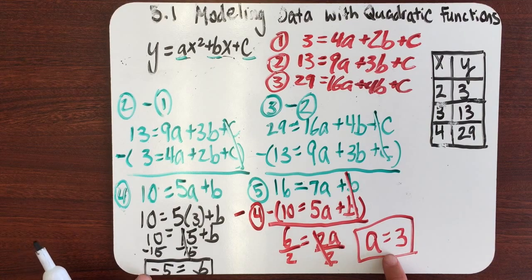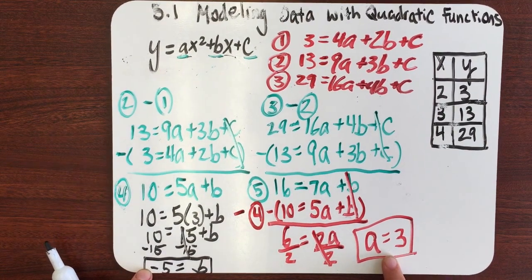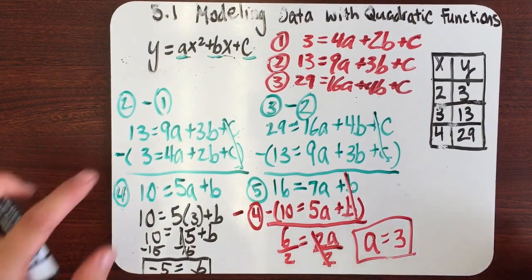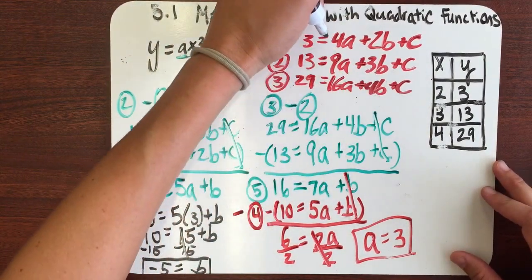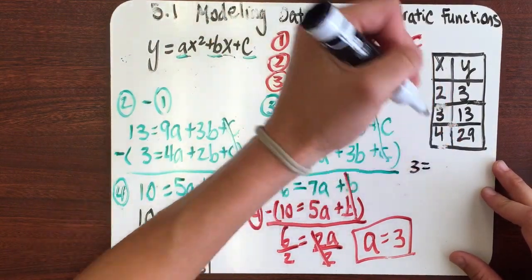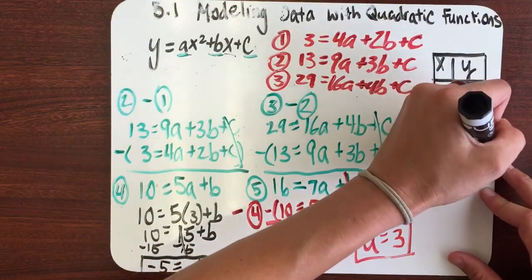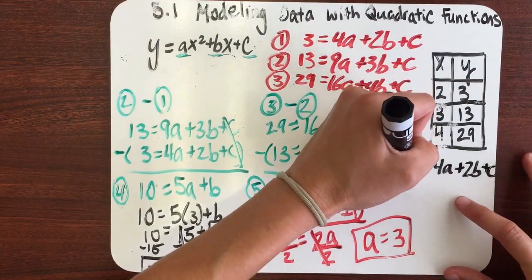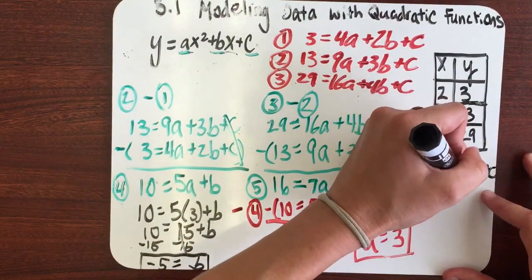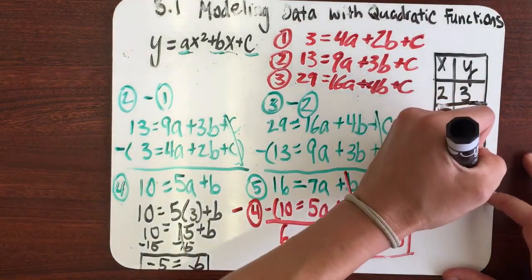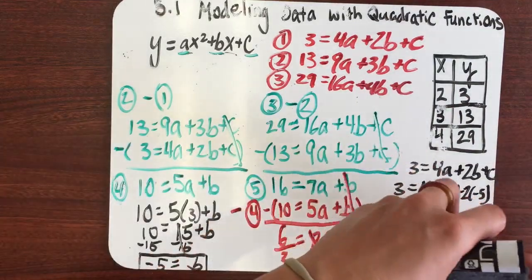So now we have a, we have b, and finally we will find c with one of the original equations we started with. So we can use equation 1 here. So equation 1, we're going to plug it in. We have 3 is equal to 4a plus 2b plus c. So we have 3 is equal to 4 times a is 3 plus 2 times b, 2 times negative 5, and then plus your c.